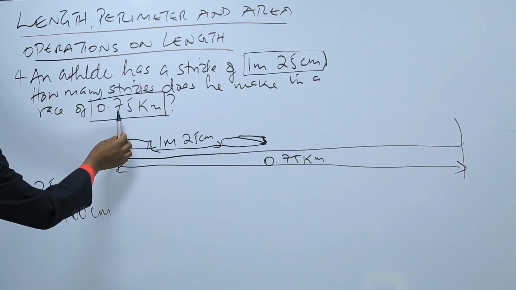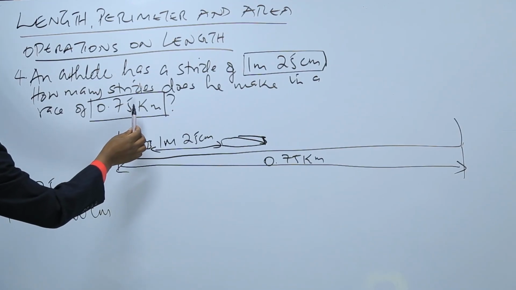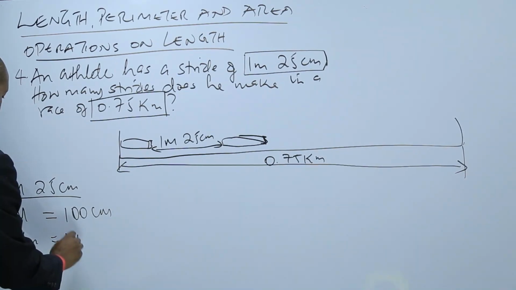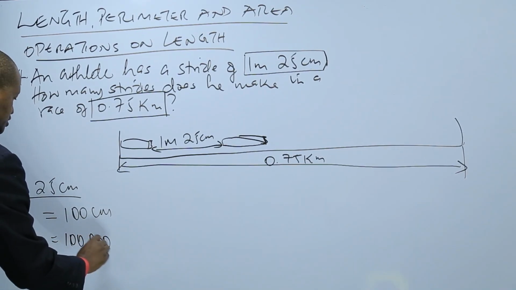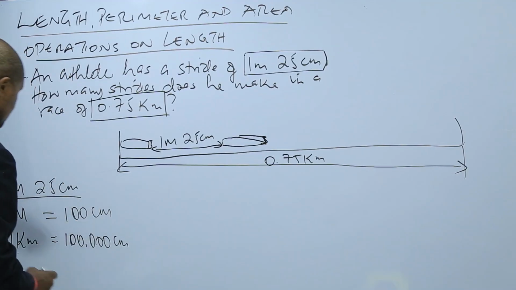Then we'll convert the 0.75 kilometers into centimeters. So 1 kilometer is equal to 100,000 centimeters.